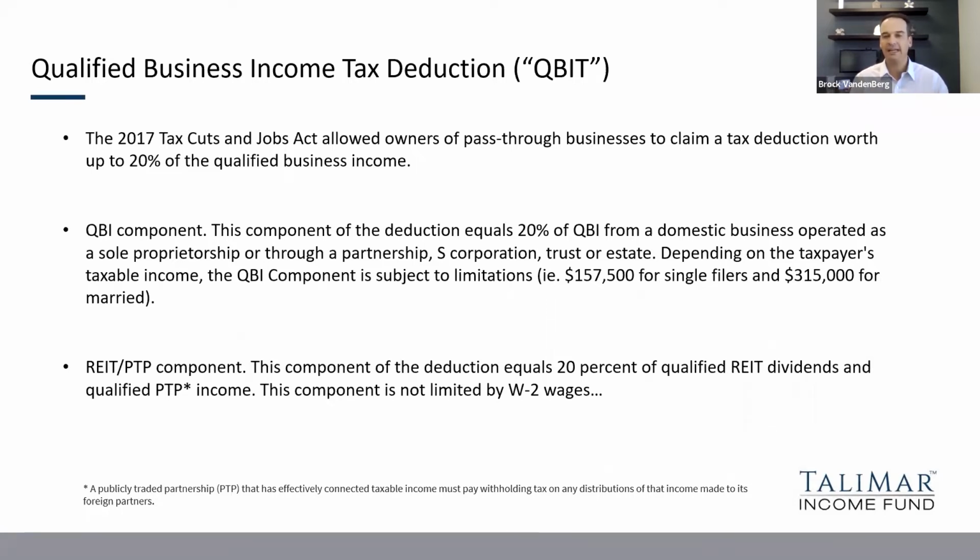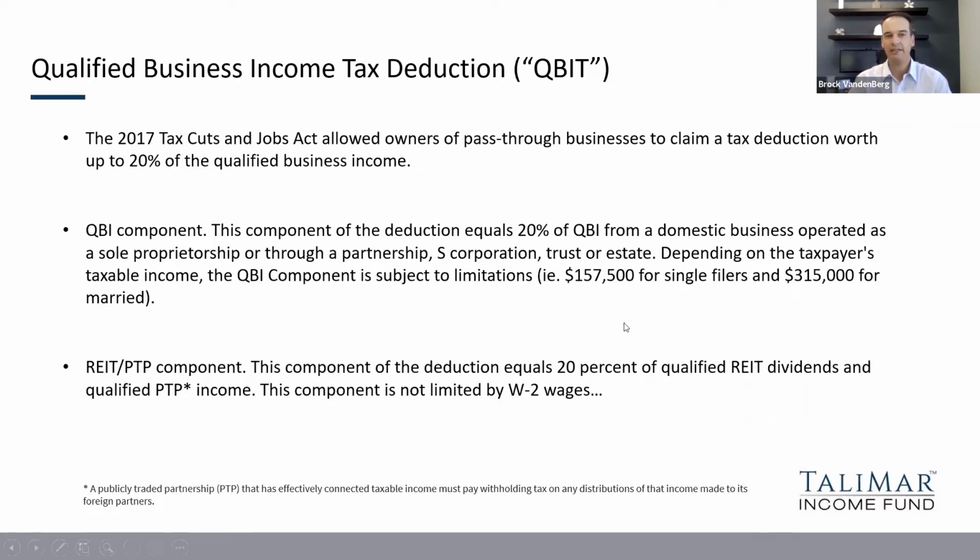The problem is that in order to qualify, you would have to have income less than, if you're a single filer, $157,500 or $315,000 if you're married. So a lot of high net worth investors that were invested in these entities would not qualify for that 20% tax deduction.